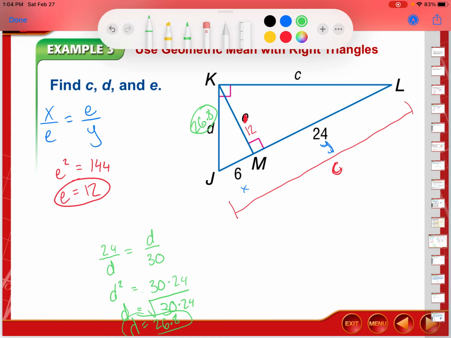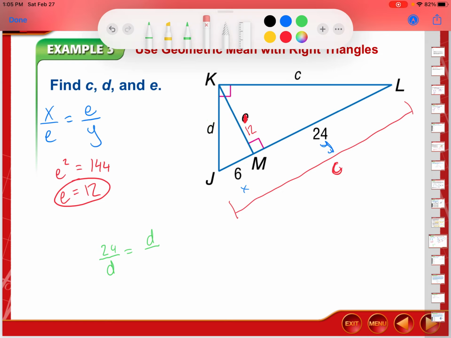So that should have been C, correct? Yeah. See, like I said, I mess these up all the time. So that would be 144 plus 24 squared. Okay, that looks better. Yep.